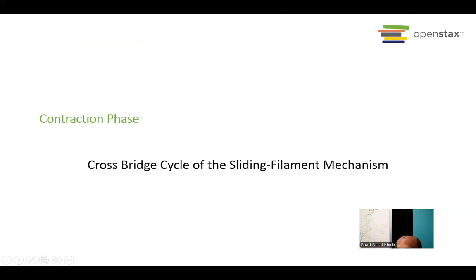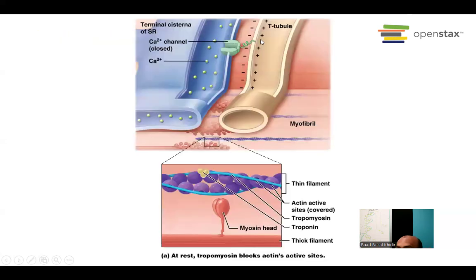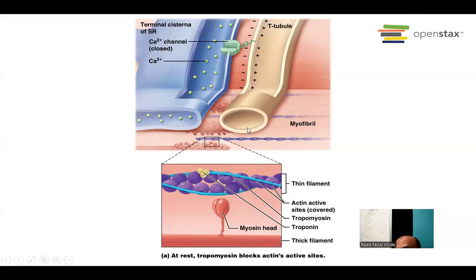In the contraction, you have the cross bridge cycle. Now, when we let a lot of calcium out, you see the myofilaments slide past one another during the contraction phase. The regulatory proteins allow myosin heads of the thick filaments to attach to the active sites on the actin of the thin filaments. At rest, tropomyosin would block the active sites.